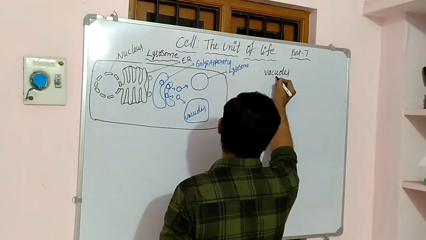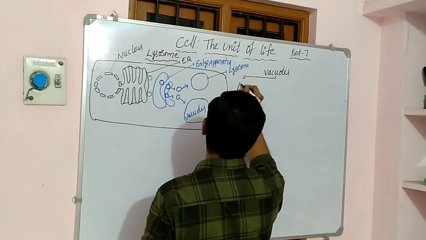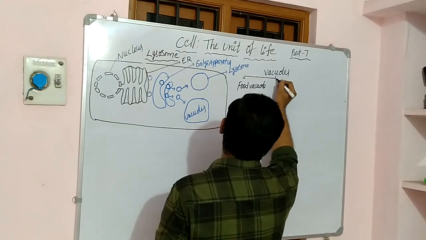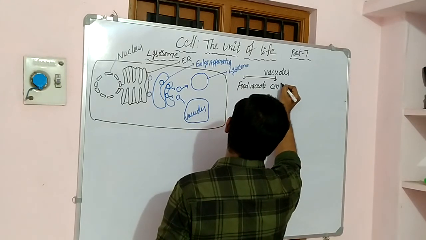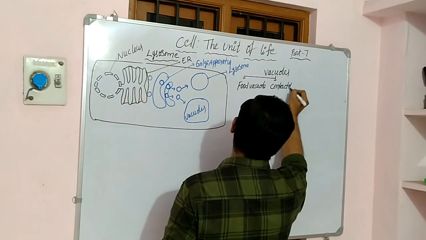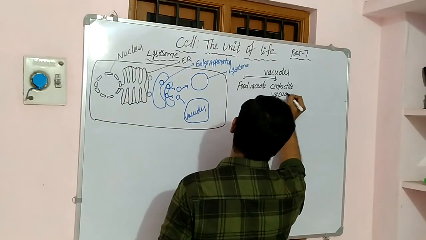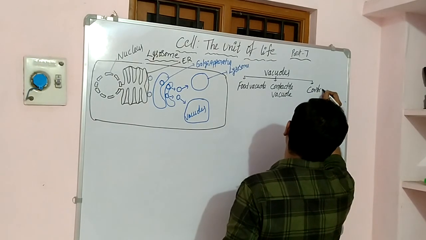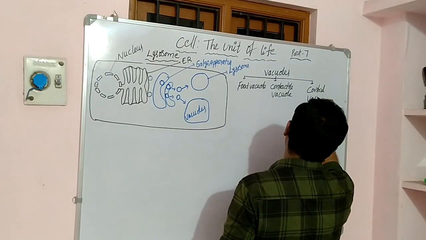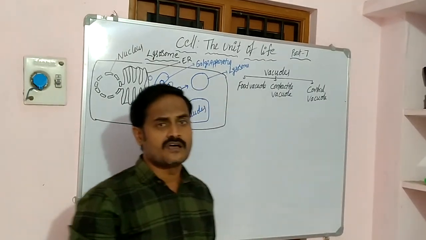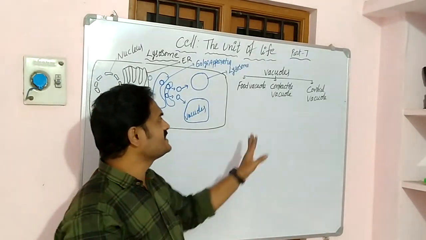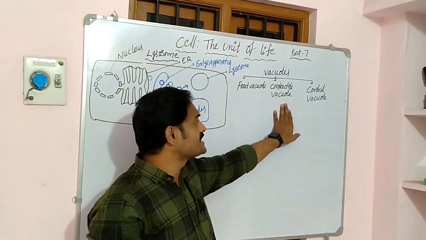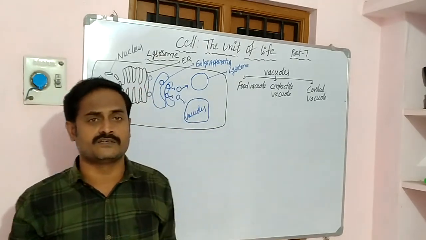The first one is called food vacuole, the second one is contractile vacuole, and the third one is central vacuole. Understood? So in all organisms, three major types of vacuoles are present: food vacuole, contractile vacuole, and central vacuole.